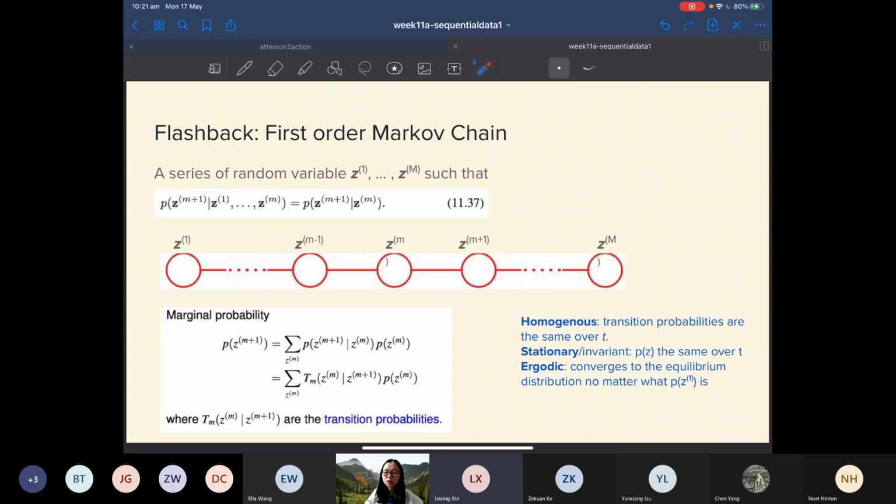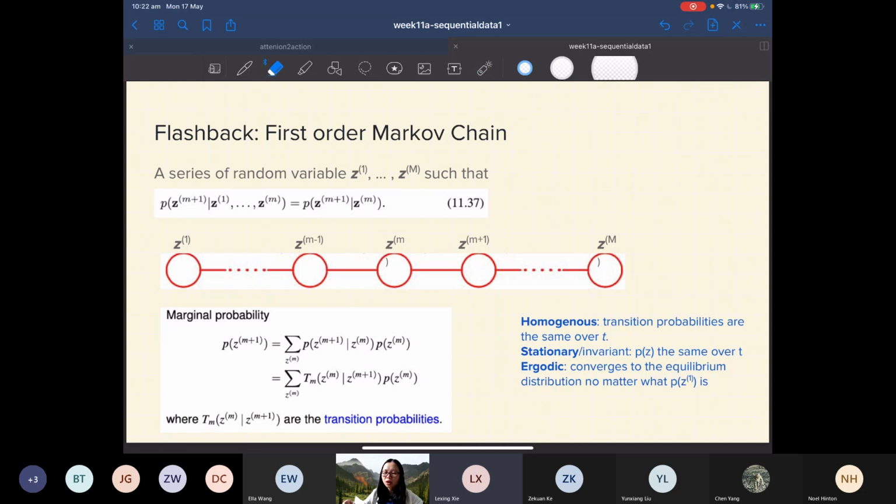This is a flashback slide where, in sampling, we were looking at sample variables z, and the probability of z conditioned on the history is equal to z conditioned on its immediate predecessor. The marginal probability is basically the transition probability of z m plus 1 given zm, marginalized over zm.